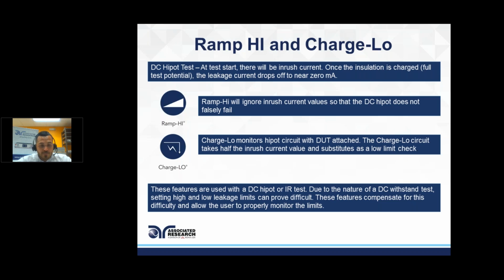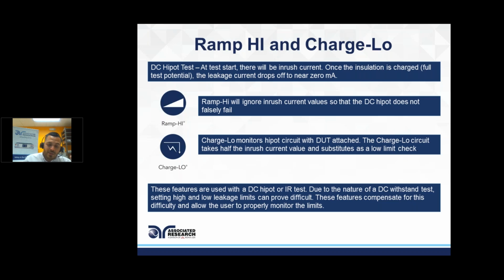So charge low is on the opposite spectrum for this feature. Earlier I discussed how a low limit works. A low limit is great because if you leak less than that, it lets you know maybe an operator forgot to clip a return clip, while the test passed. You may have never really tested it. Well, that becomes an issue in DC testing.